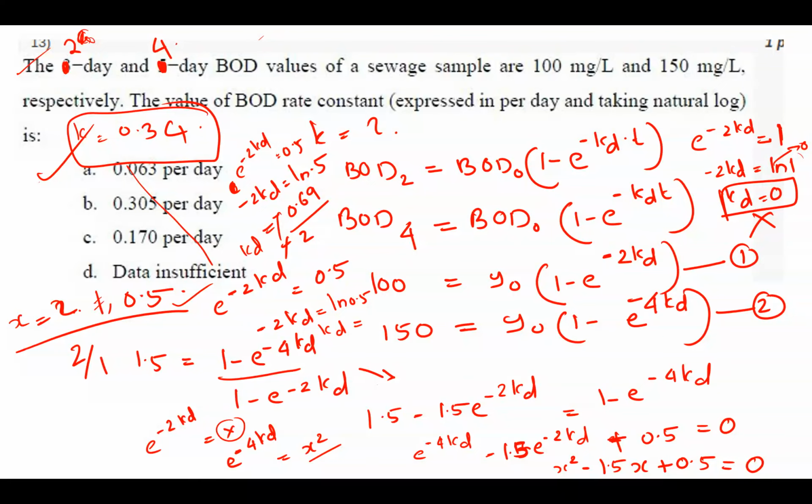You want the experimental procedure of alkalinity, BOD and COD. Okay, these three: alkalinity, BOD, and COD.